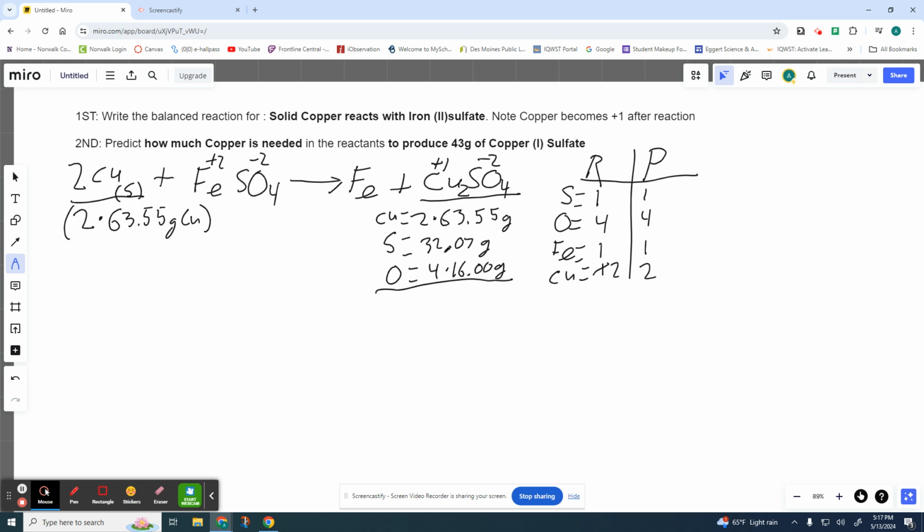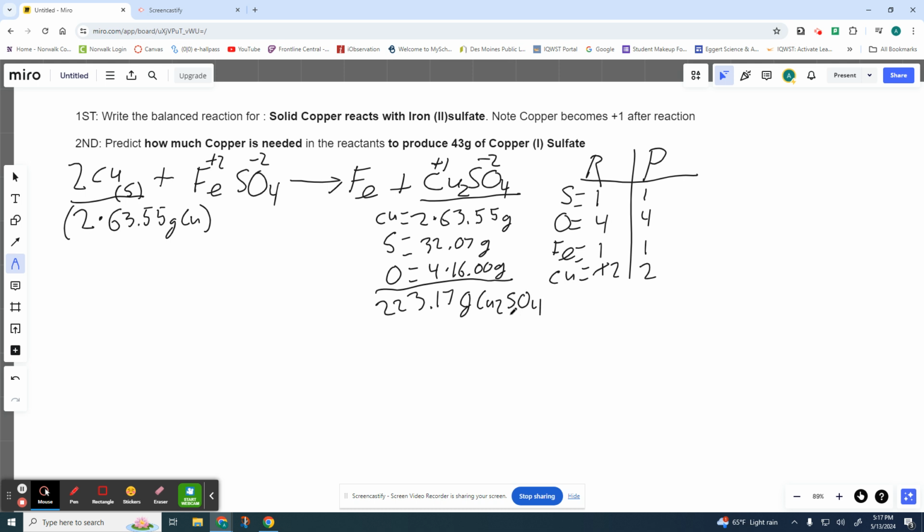As long as I didn't make a mistake and do the order of operations correctly, I got the weight for copper 1 sulfate to be approximately 223.17 grams for copper 1 sulfate.